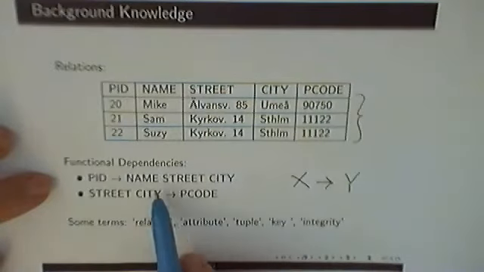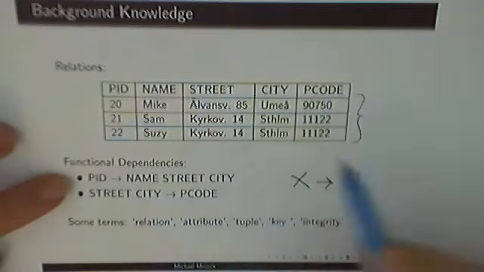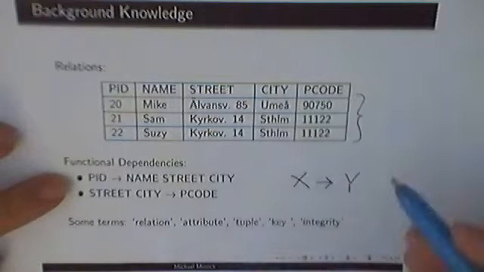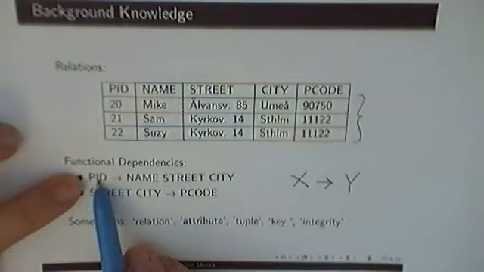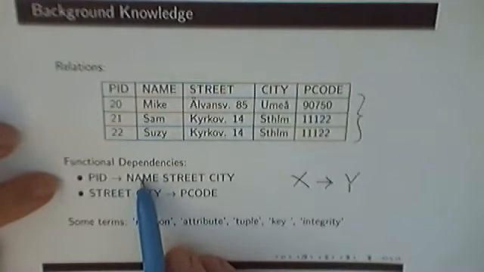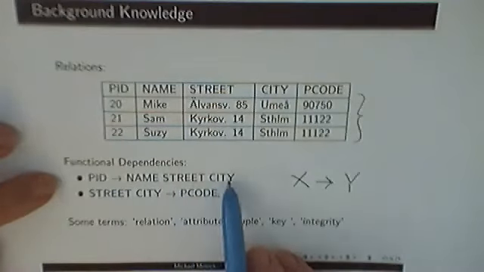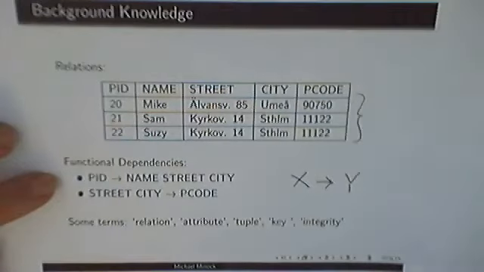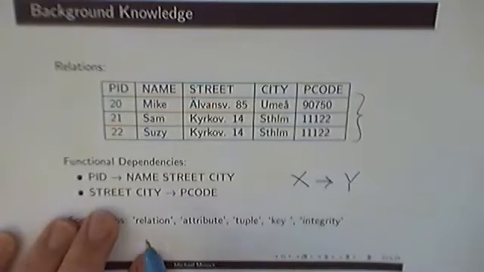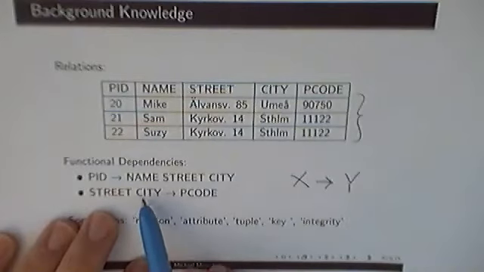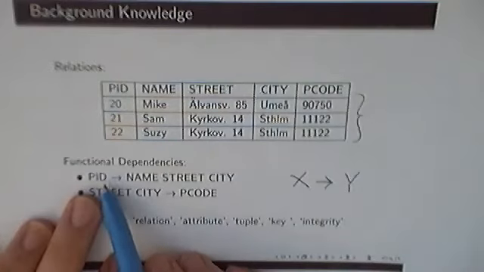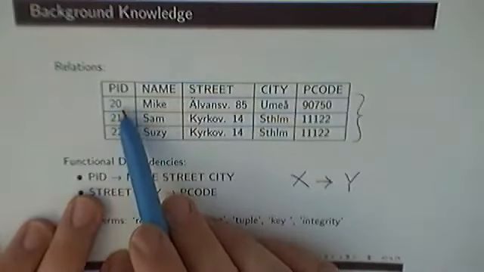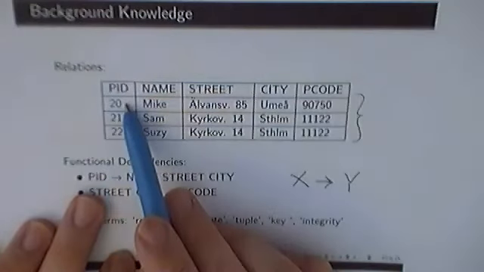What that means is that for any database state, if two tuples match on PID, then they're going to match on the name, street, and city attributes as well. It's a little more interesting when we look at this next one. This PID dependency is kind of your natural notion of a primary key, because no two tuples are going to match on the PID.